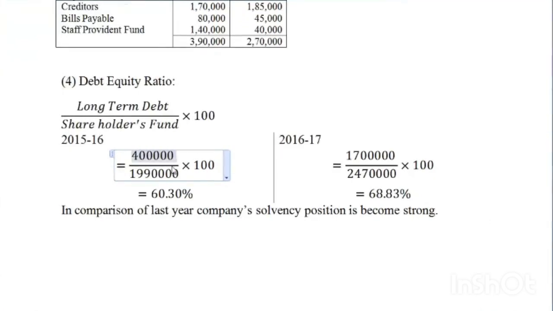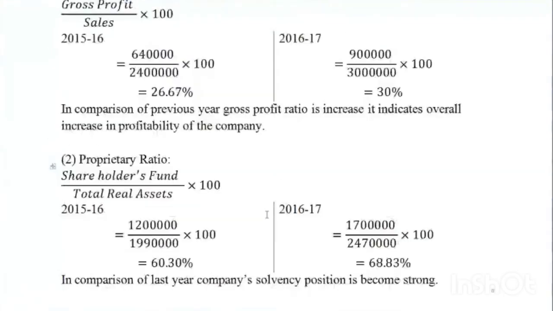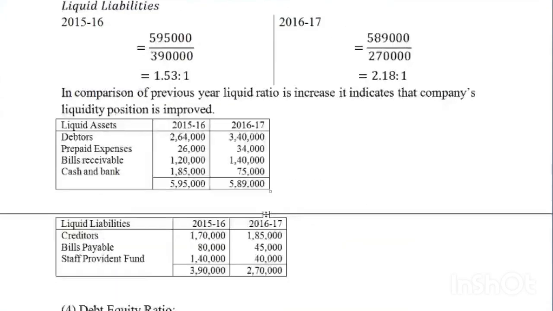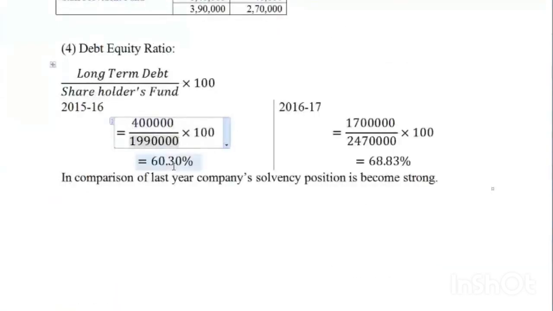And the shareholders fund we have already calculated above, that is 12 lakh and 17 lakh. Here equity shareholders fund itself is the shareholders fund because no preference capital is given. So in the first year it is 4 lakh divided by 12 lakh.